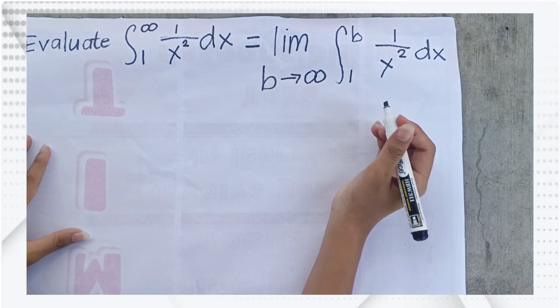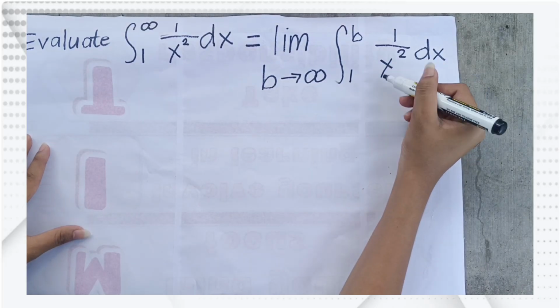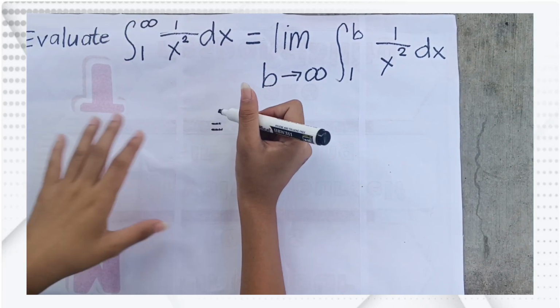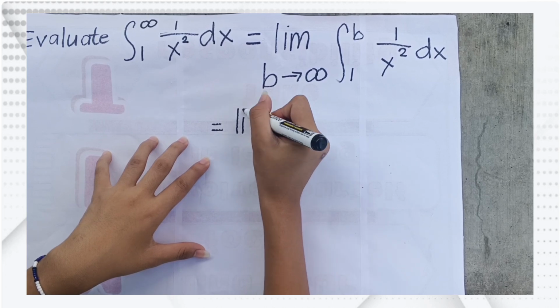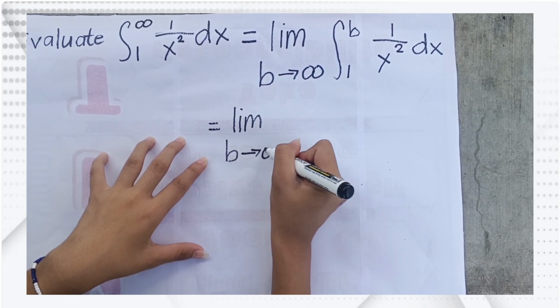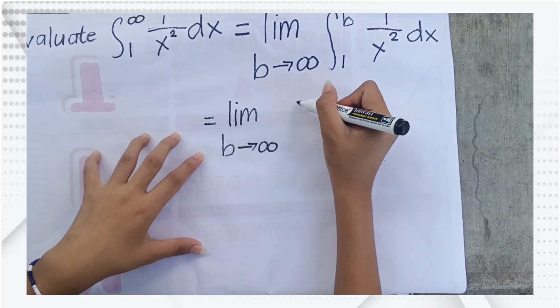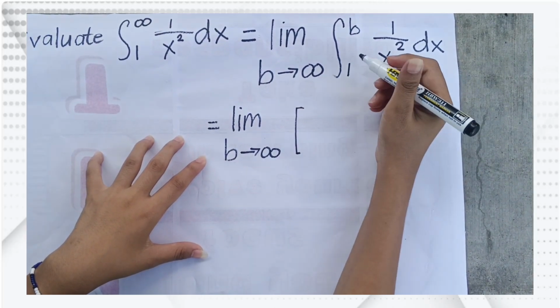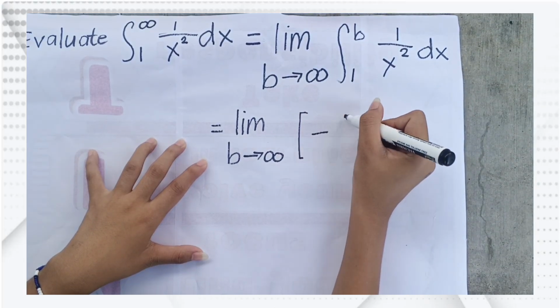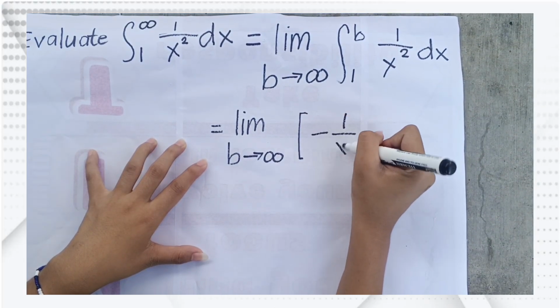Next is to find the antiderivative of 1 over x squared. The antiderivative of 1 over x squared is equal to negative 1 over x.